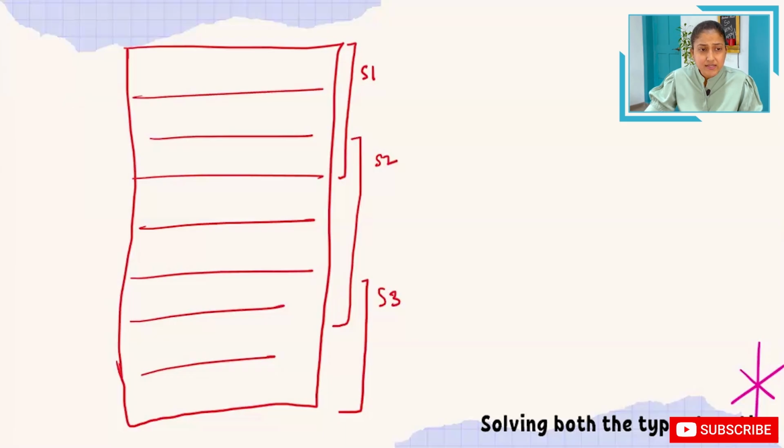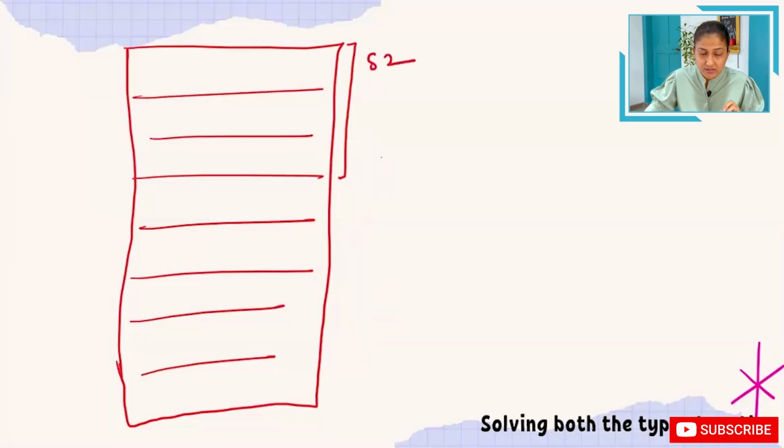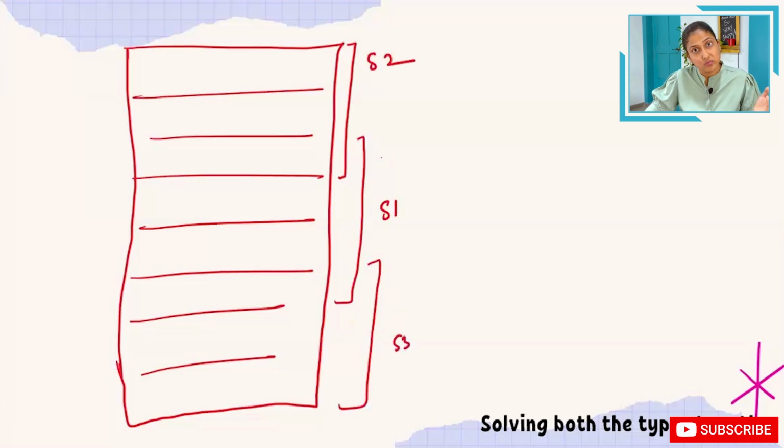There are chances that your set 1 starts later, first your set 2 starts, then somewhere your set 1 starts, and then after that your set 3 starts. Possible. Or anything, let's say your set 3 starts first, then maybe set 1 and then set 2.